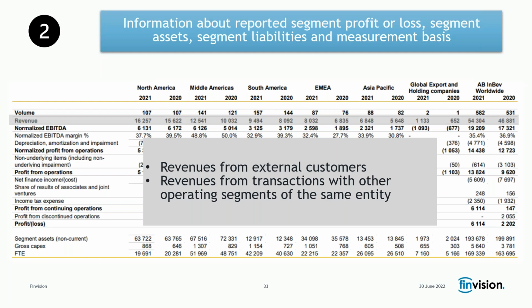Again, this is the example from AB InBev. So you mentioned the operating statements were on a geographical basis. And what you need to mention, this is the requirement, is a minimum of the revenues from external customers and also the revenues from transactions with other operating segments of the same entity.